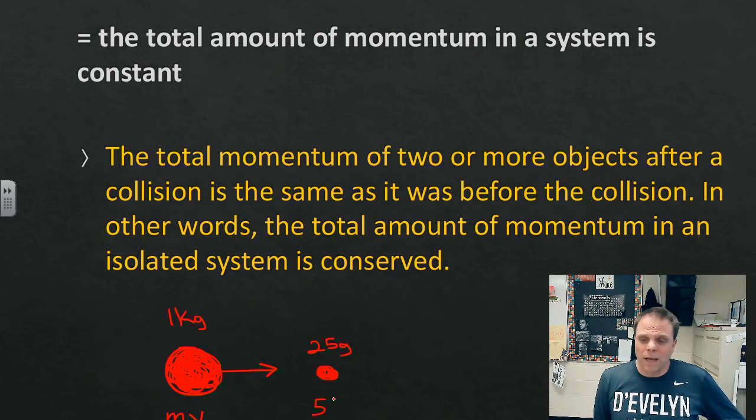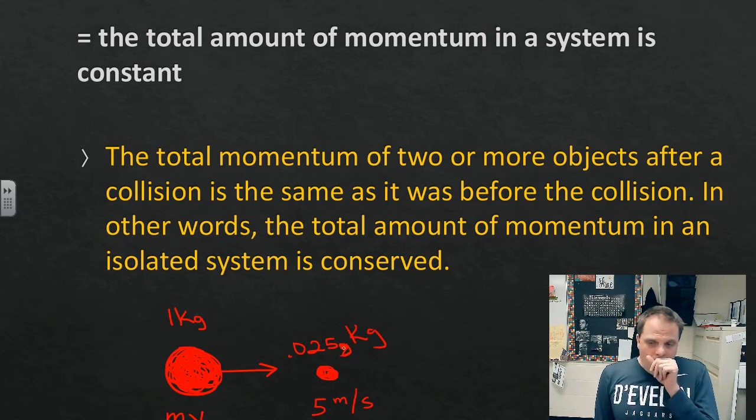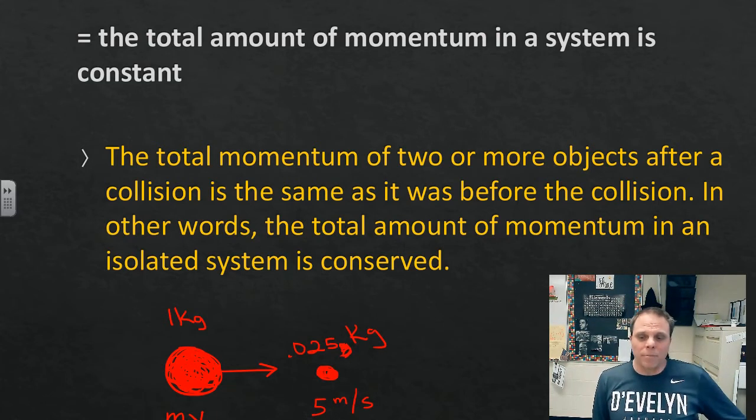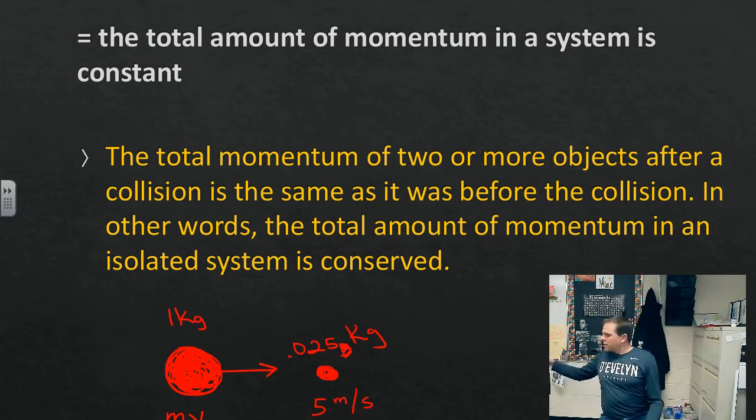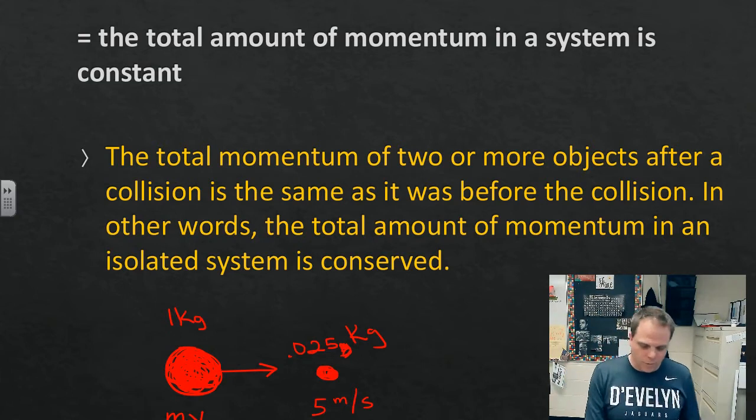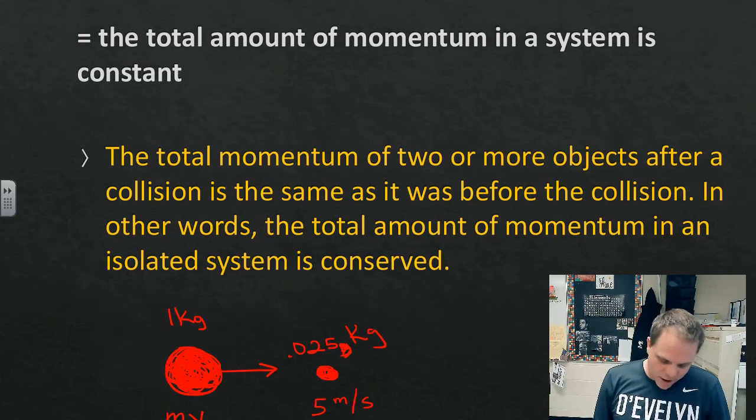Then I would convert the mass to kilograms and multiply these things. How much is this one? 5 times 0.025. Let's just go ahead and do it real quick, just because math is fun.